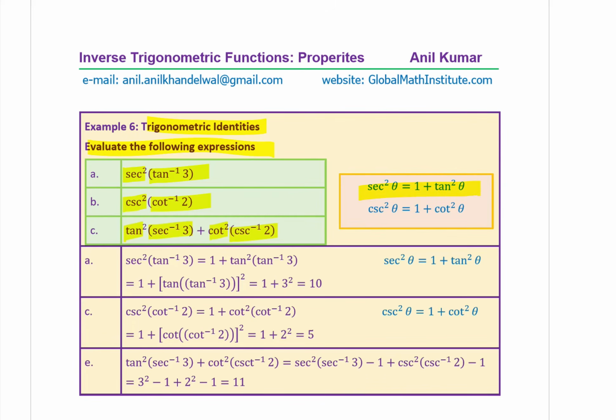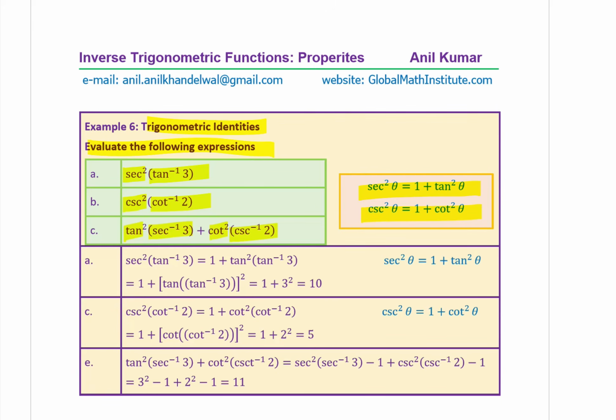So I'm going to use these two identities to simplify the given expressions. As you know, 1 plus tan square theta is secant square theta, right? This equation can be rearranged and written in so many different forms. Cosecant square theta is 1 plus cot square theta.